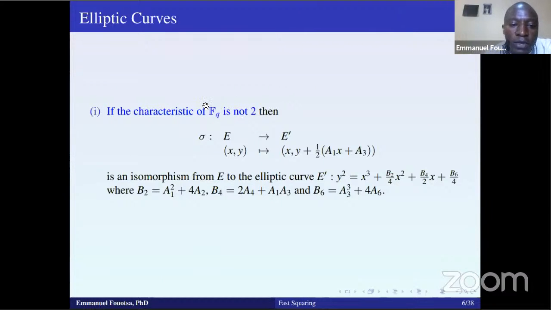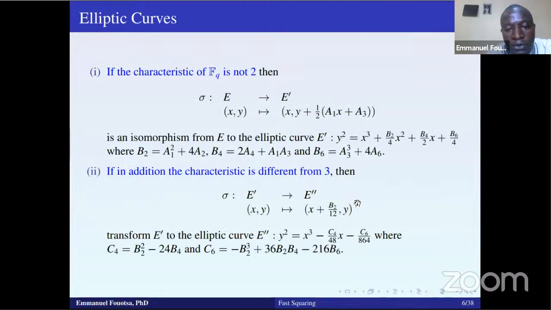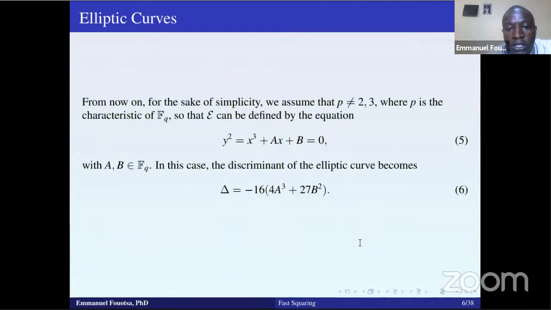If the curve is defined over a finite field of characteristic different from 2, then we can do a transformation to have an equation in a much shorter form like this. And if furthermore the characteristic of the finite field is different from 3, we can go further and simplify the equation using this transformation, and we get a very short equation in this form: y^2 = x^3 + ax + b, which is called the short Weierstrass equation.